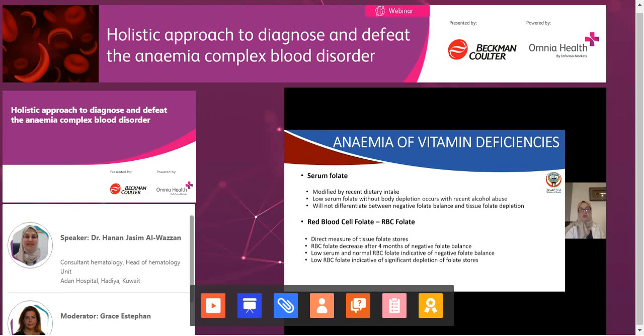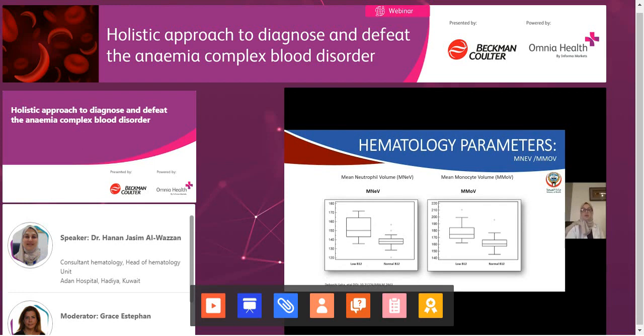Do we have any parameter which can suggest megaloblastic anemia or the deficiency of B12 and folate without measuring the vitamins? Yes, with the Beckman Coulter, they have the mean neutrophil volume and mean monocyte volume.